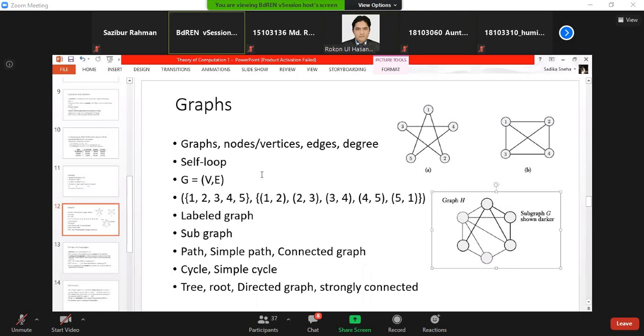Now there is one more thing, that is loop or self loop. What is this self loop? If one edge comes out of one node and finishes at that node.